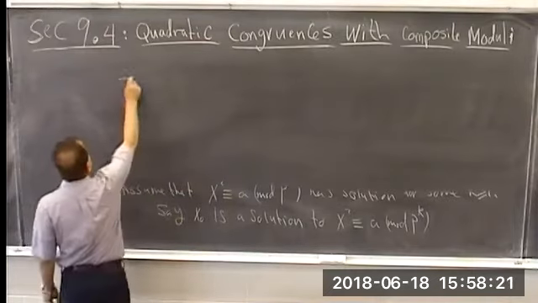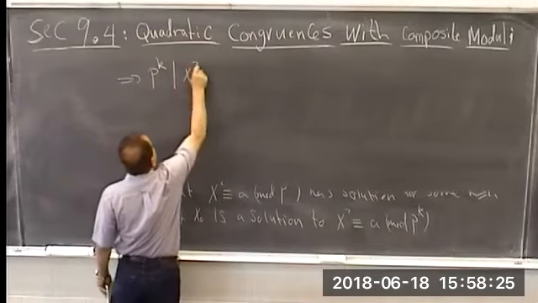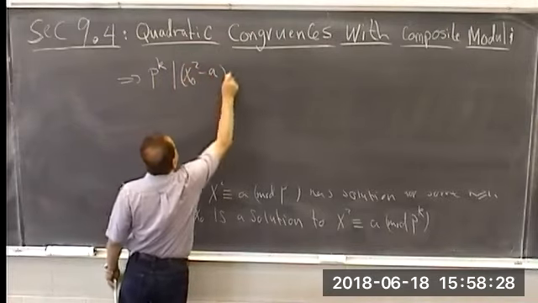So that one has a solution means b p to the k divides x sub 0 squared minus a.